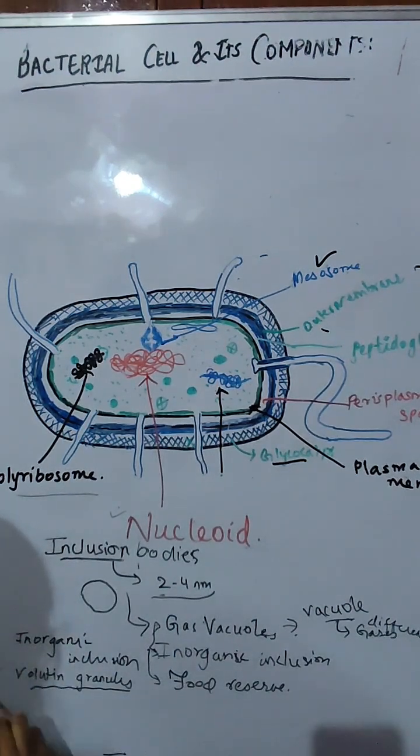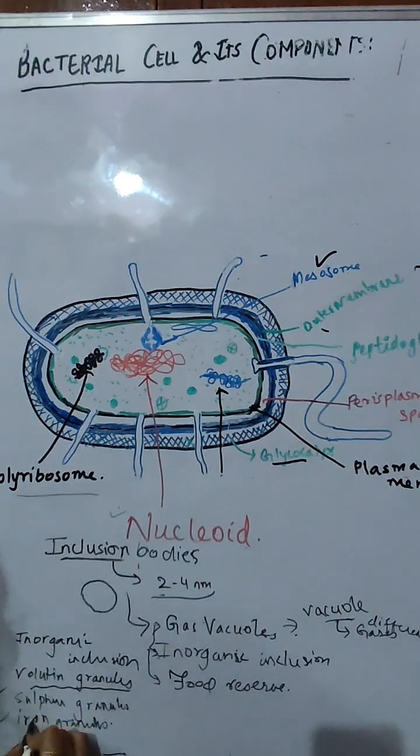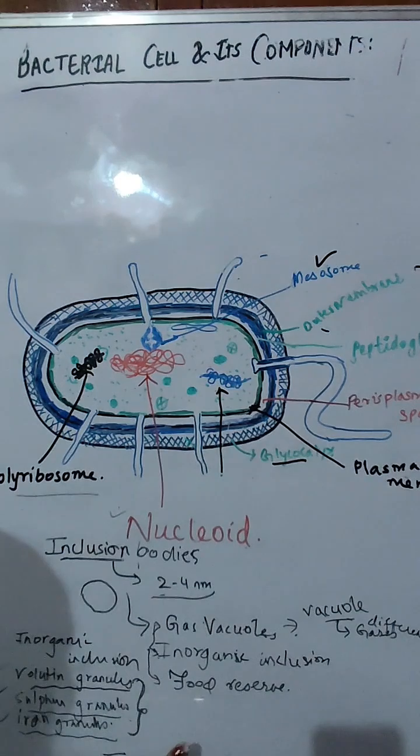Then sulfur granules, found in many bacteria containing inorganic sulfur. Then iron granules, cyanophycin, containing inorganic iron, and these granules are present in the bacterial cytoplasm.